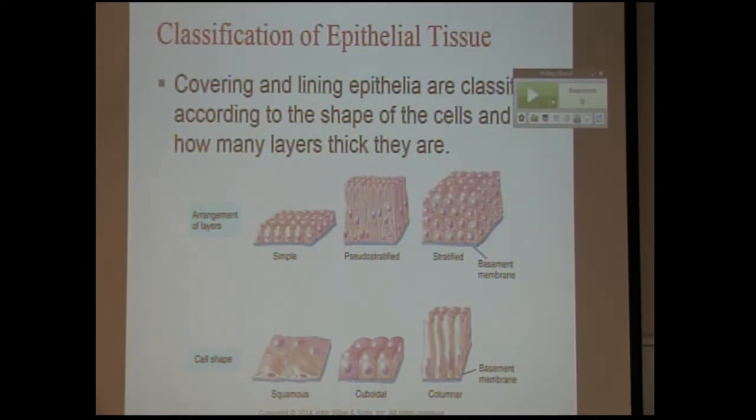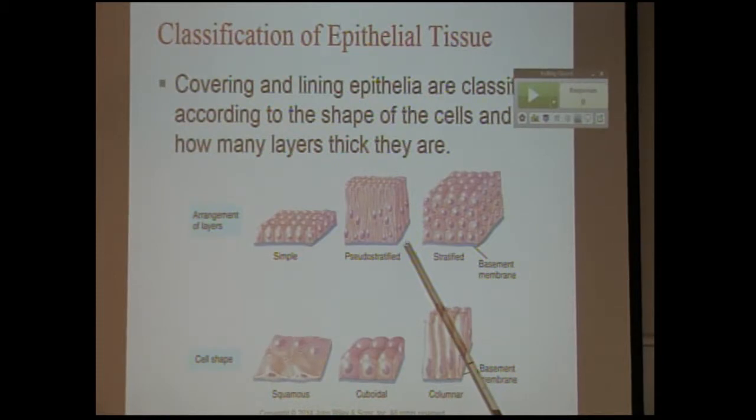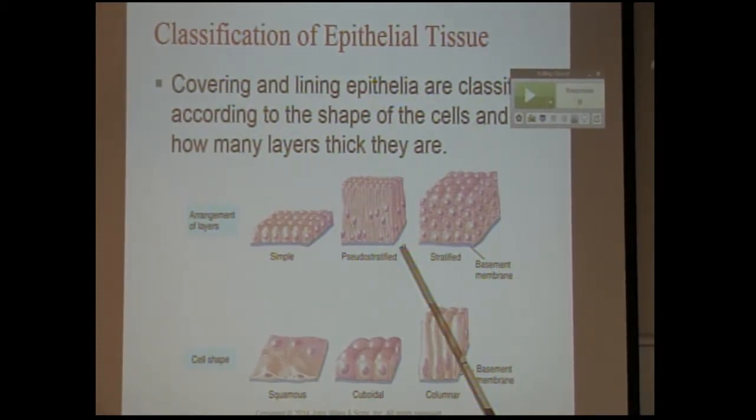I think it might be called a rectangular prism, actually. But anyways, 3D rectangle. And then simple is one layer, stratified, a whole bunch of layers, pseudostratified, just like it sounds, sort of in between. So it's not simple, it's not really stratified, it's sort of stratified.